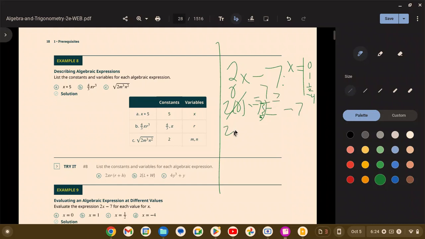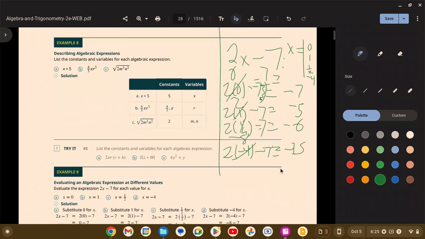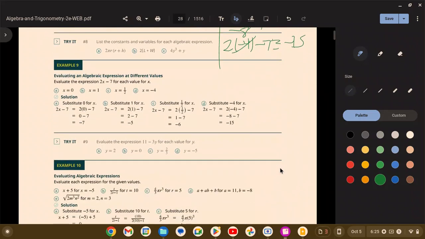For 1, 2 times 1 minus 7 equals, that's 2 minus 7 equals -5. 1/2, 2 times 1/2 minus 7 equals, well, it's 1 minus 7 equals -6. And then -4, 2 times -4 minus 7 equals, and that's -8 minus 7, -15. Yep. Okay.